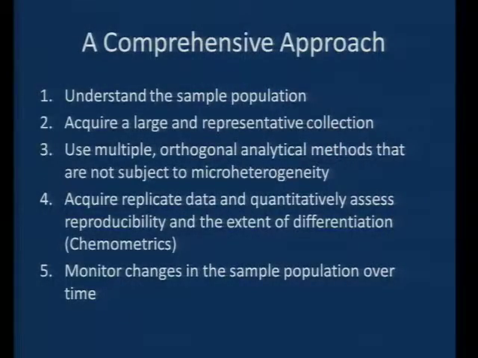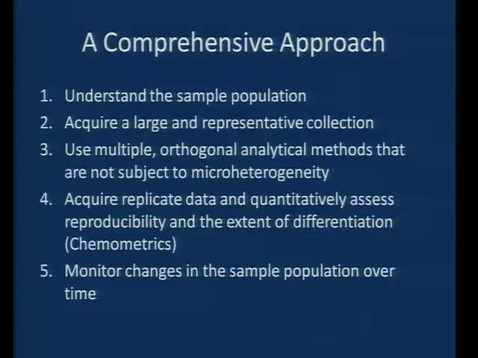So, the comprehensive approach. I harped on this in our class on Monday on chemometrics, and this is what I like to do: put this approach up and point out that only number 4 has anything to do with mathematics. Number 1 is delving into the sample, understanding its manufacture, its distribution, that kind of thing.